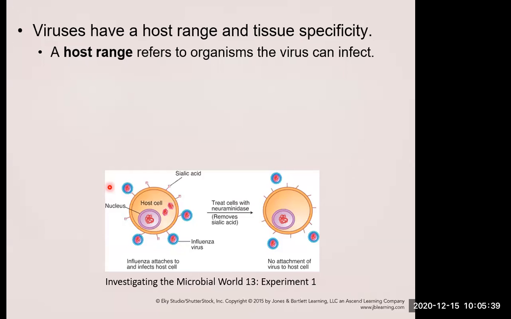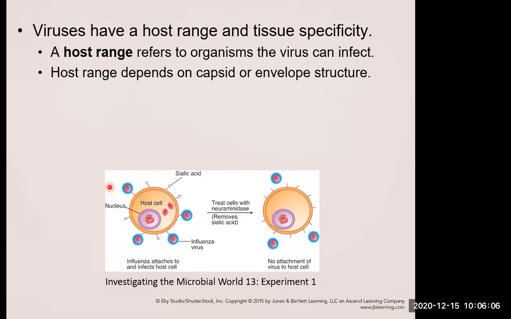Yeah, we have to attach, right. So if certain organisms lack a receptor that a virus needs to attach, it can't enter into that type of organism. So that's the compatibility between a virus and its host, is can I attach? A virus might not be able to attach, but then it can mutate, and then maybe it can be able to attach after that. So that's the host range.